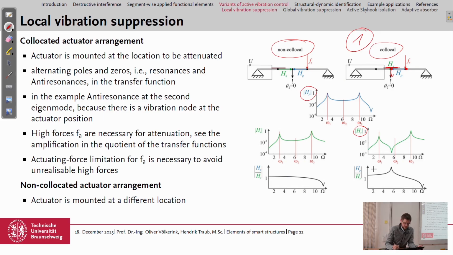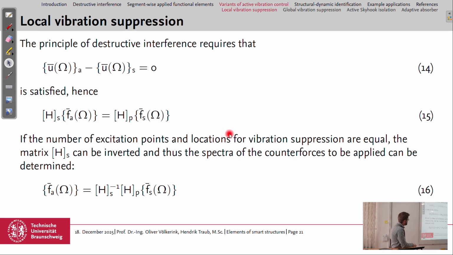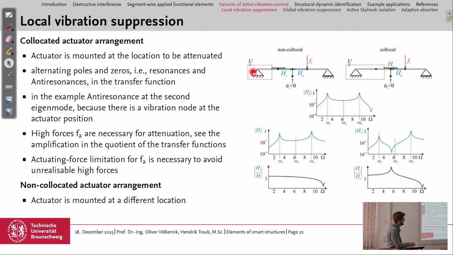What is important, maybe I quickly go a few slides back, is the inverted matrix of the secondary path times the matrix of the primary path, or here it is written down as the fraction of the 2 transfer functions.